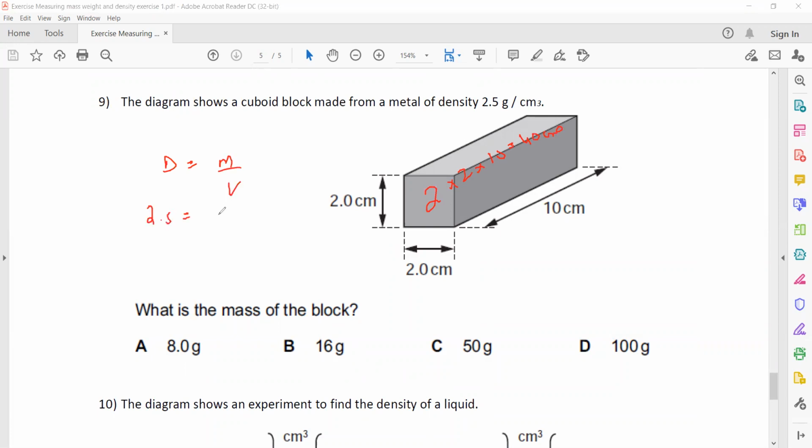Density is 2.5, mass is unknown, the volume is 40. This 40 is divided, other side it will be multiplied. So 2.5 multiplied by 40 will get the mass. That will come out 100 grams. Because if 40 is divided, other side it will be multiplied.